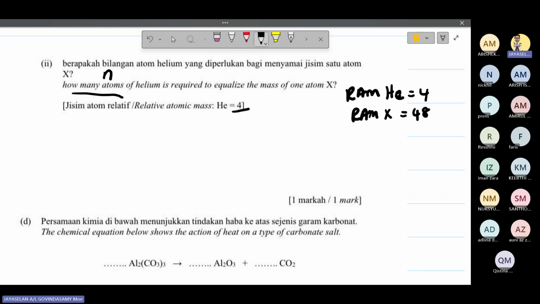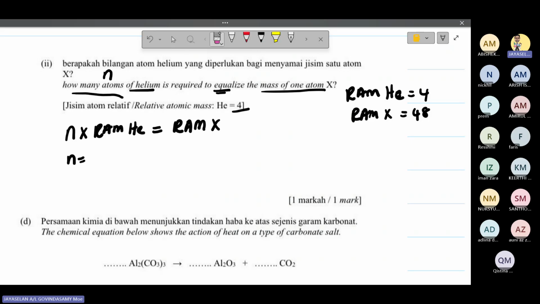So, kita dah tahu berapa atom, I use N. So, we take like this. How many atoms of helium? So, you put here RAM of helium equalize sama dengan mass of one atom X, so RAM of X, you buat macam ni formula. So N we don't know, right?